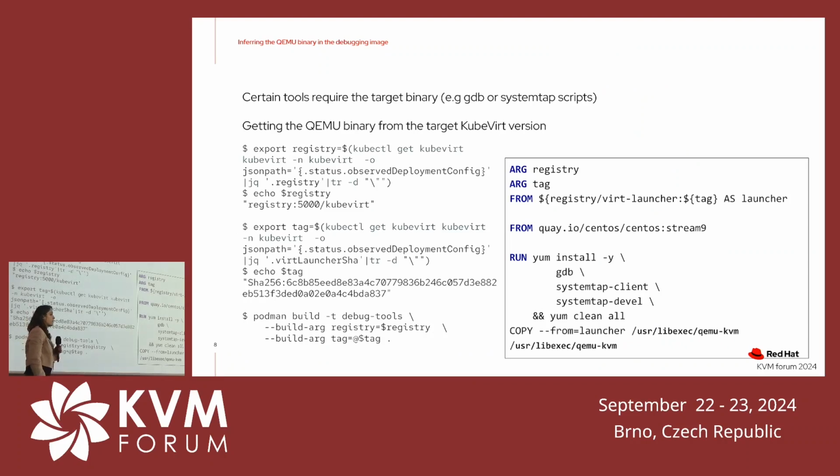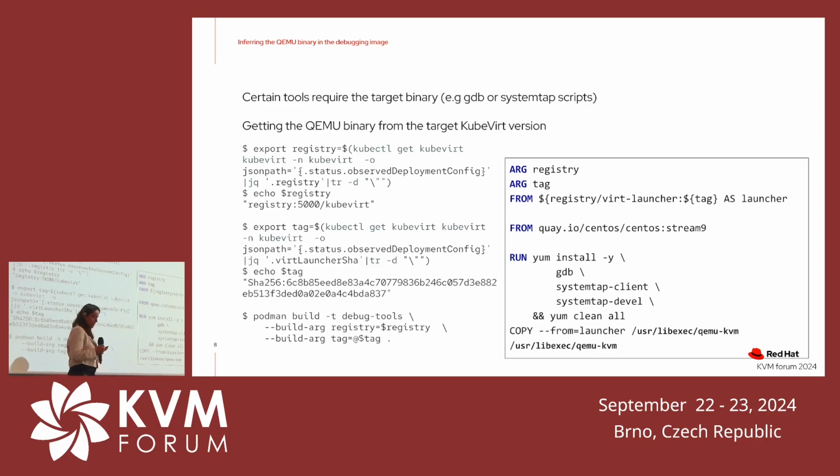Certain debugging tooling requires the target debugging tool binary. And again, from a container, this might not be possible, or it might not be available. However, with KubeVirt, you can know exactly which KubeVirt release you are targeting and which QEMU binary you are targeting.